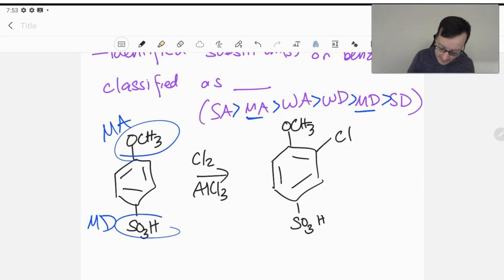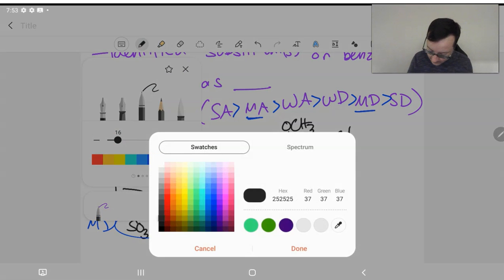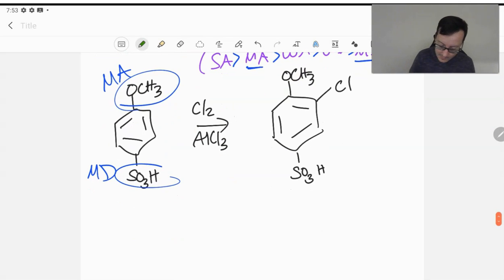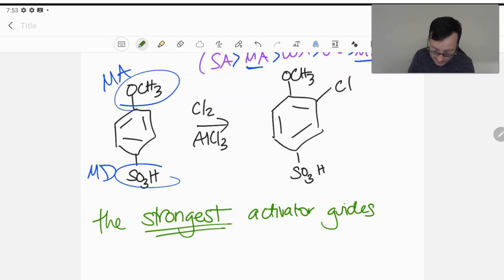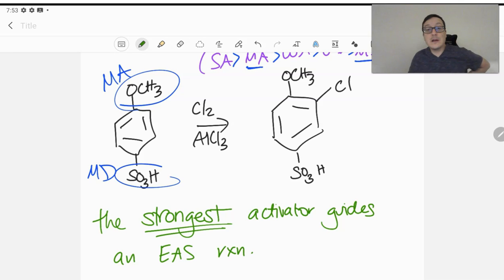So let me write this out in, let's use a fancy green. Yes. The strongest, remember this is a relative term now, strongest activator guides an electrophilic aromatic substitution reaction. It will guide your new substituent to where it wants to go.